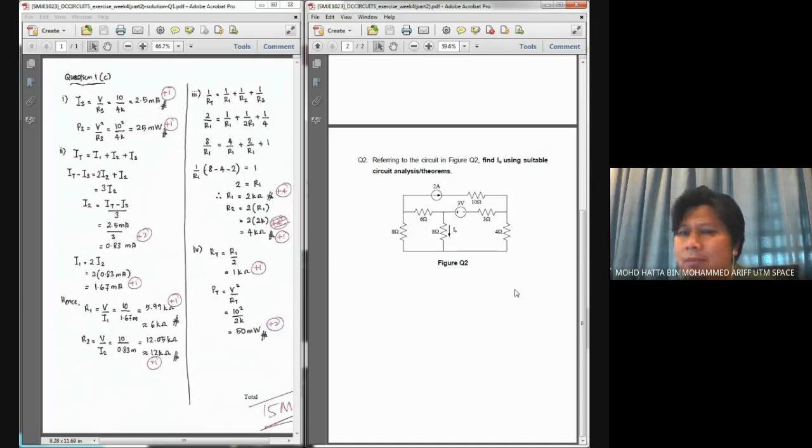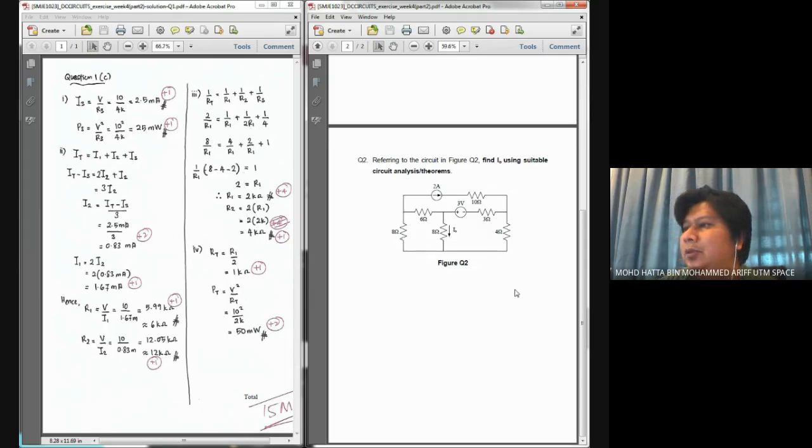But before we get into Thevenin, maybe we should think about other analysis first, because this is not something that you should really consider Thevenin or Norton theorem for. Maybe you should think about node analysis, superposition, source transformation, and mesh analysis.